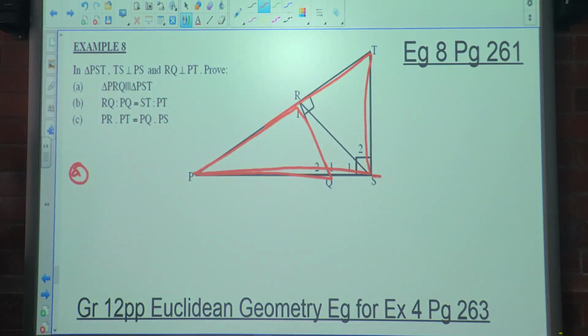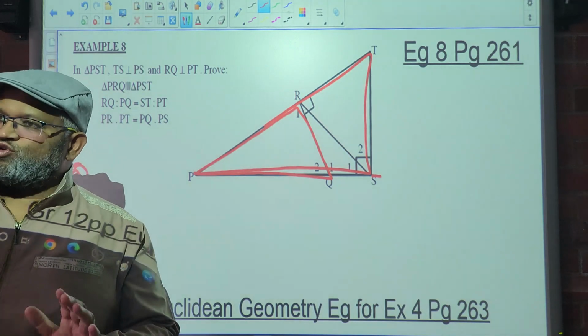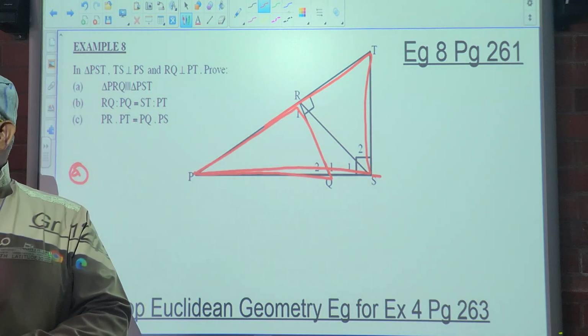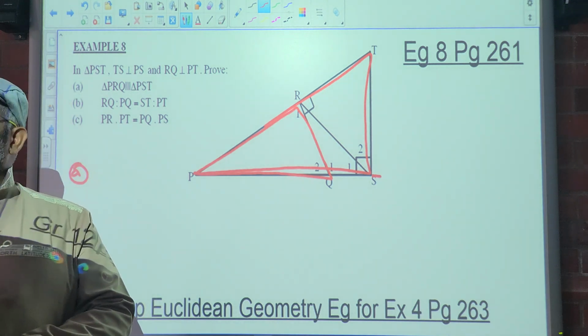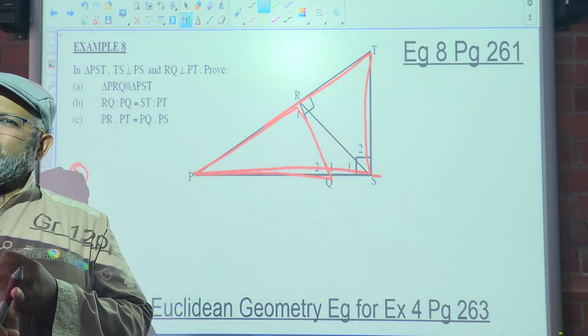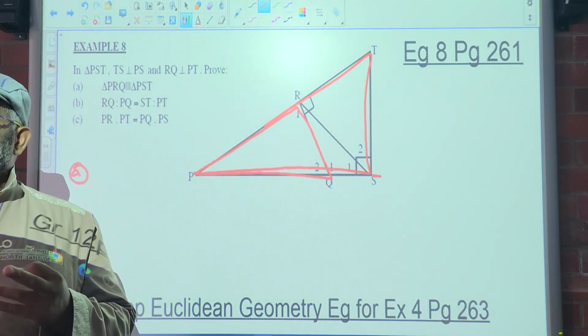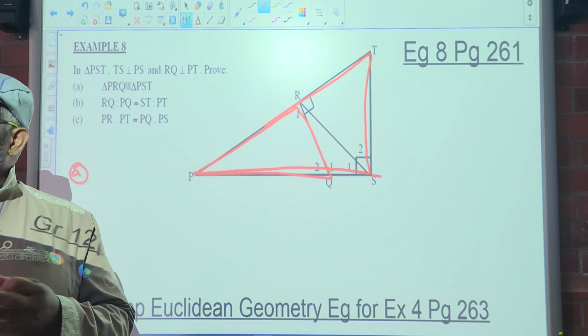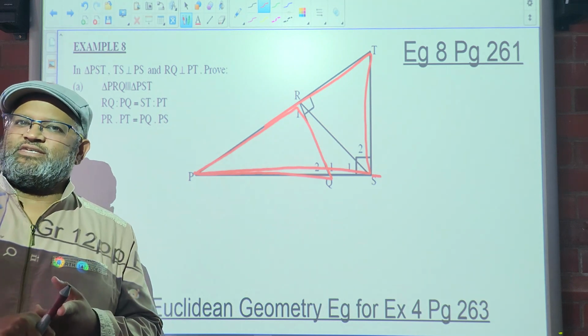Okay. So when they ask you to prove similarity, we either prove that the two triangles are equiangular, which means all the angles are equal, or we prove that the sides are in proportion. That's one of two ways of proving similarity. When it comes to congruency, how do you prove congruency? 4 cases: side, side, side; side, angle, side; right angle, hypotenuse, side; and angle, angle, side.